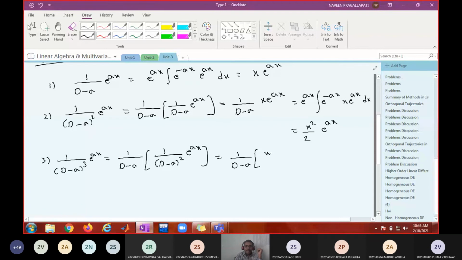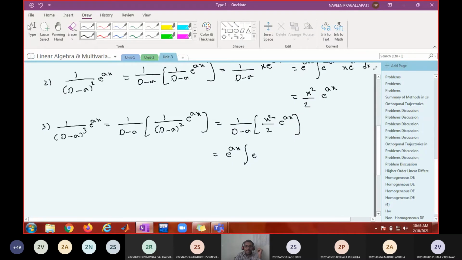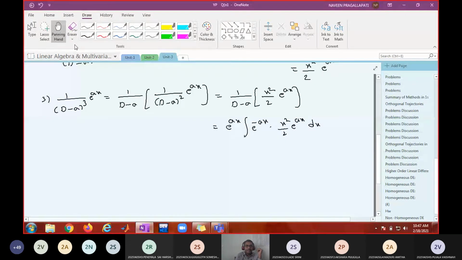When I apply the formula again, this is e power ax integral e power minus ax into Q. What is Q? x square by 2 into e power ax dx. Again, these get cancelled. Integration of x square is x cube by 3.